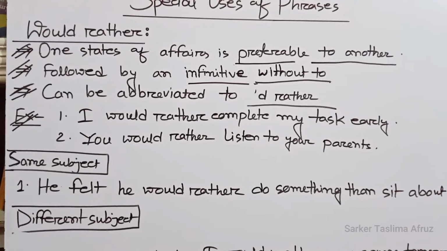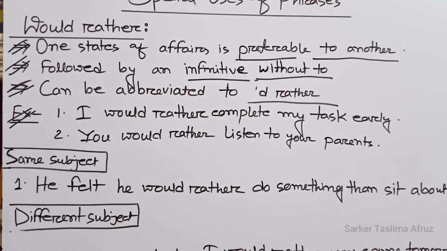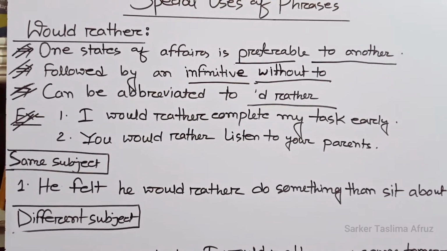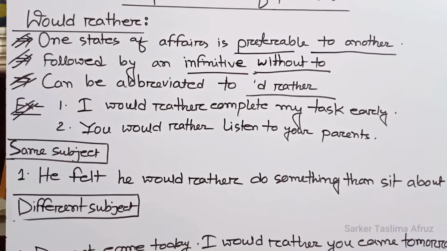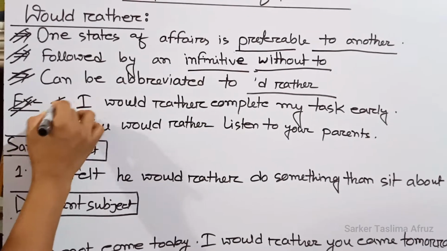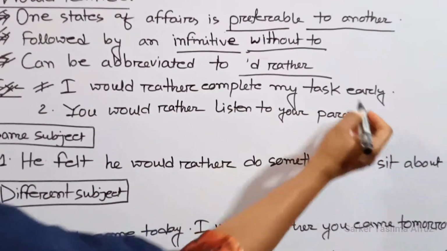So dear student, I have told you the definition, where to use and how to use would rather. Now let's have a look on the board where I have written the examples. The first example is, I would rather complete my task clearly.